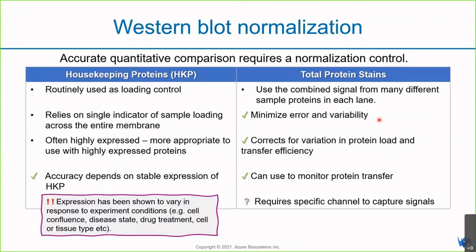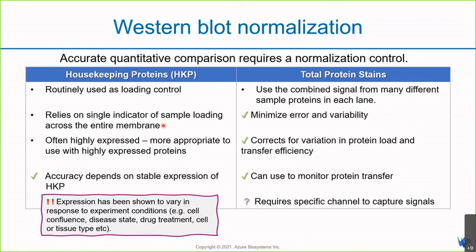Bands for you to collect the signal intensity and use the collective amount of value as the control. In versus housekeeping protein, you rely on this one single band as your control.